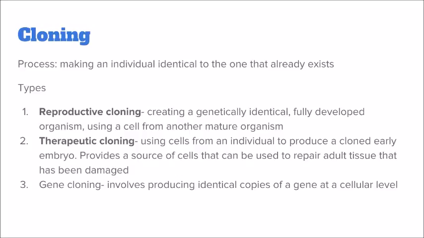There's therapeutic cloning, where we use cells that are healthy from an individual, and we produce more cells from that, especially when they're cloned from early embryos. They're usually used to repair tissues that have been damaged. And then we have gene cloning, where we're producing identical copies of a gene at a cellular level.